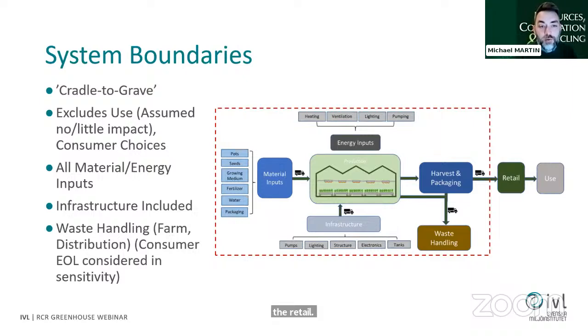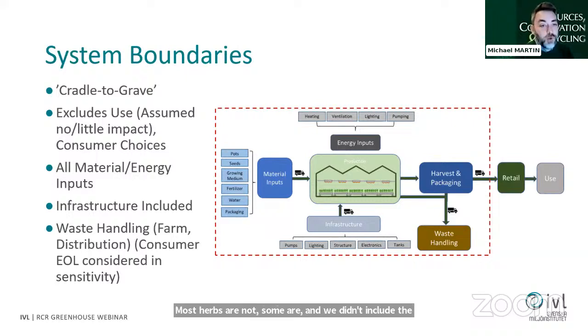It's not always refrigerated. Most herbs are not, some are. And we didn't include the use phase because it's hard to understand what actually happens with the herbs, if people keep them in the refrigerator or just keep them out. Most of the ones they say to keep them out. The other thing we also did in the paper is consider, for example, the consumer end of life, so what happens with the packaging and the growing media is included there.